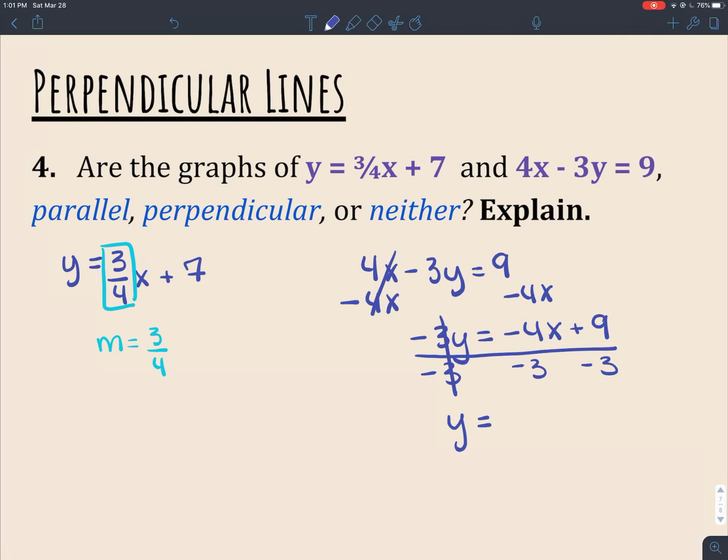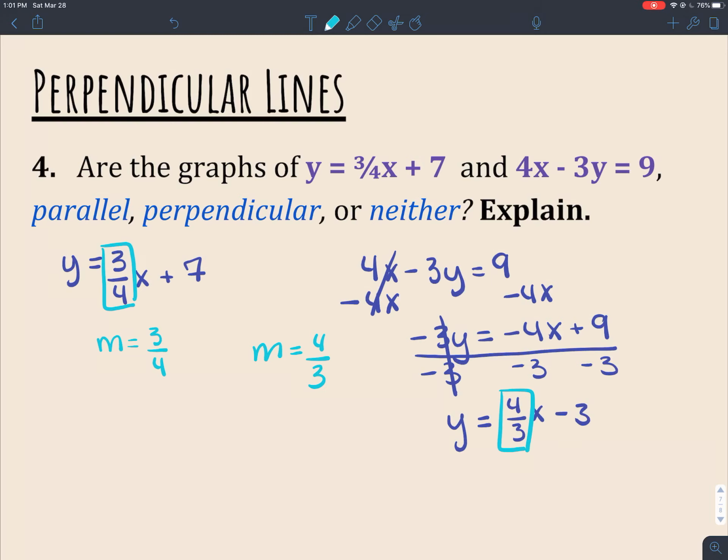Then we have negative 4 divided by negative 3, which gives us 4/3 x. And then 9 divided by negative 3 gives us negative 3. So if I'm looking at this equation, then my m value is going to be 4/3.